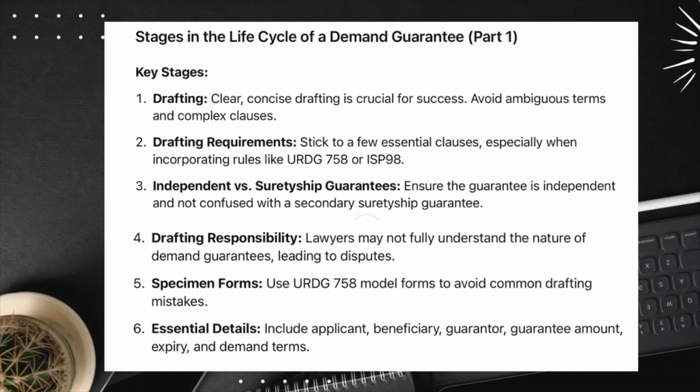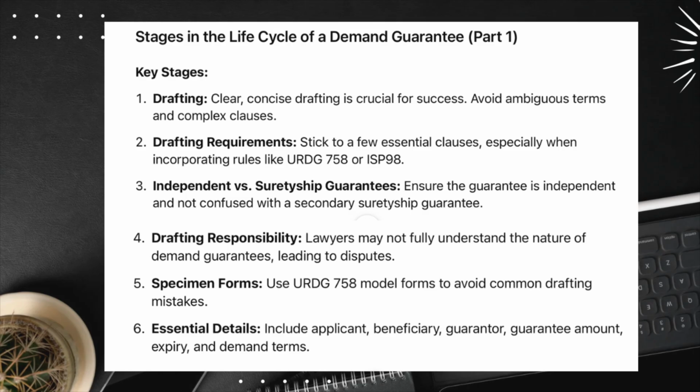Do not include a condition that cannot be determined by the presentation of a specific document or by another source such as a guarantor's own record or a specified publicly available index. Third, ambiguous terms and excessive detail in the instrument. Fourth, complex legalistic clauses. These are often associated with suretyship guarantees.